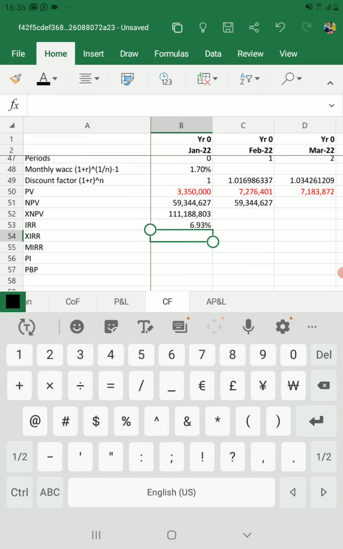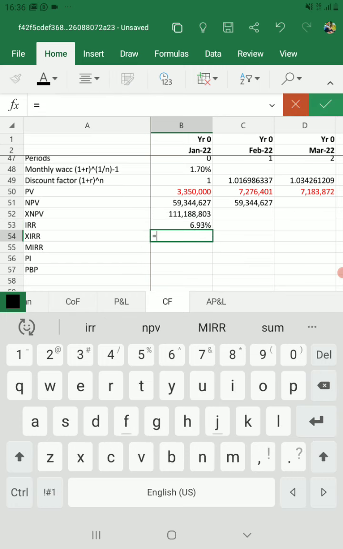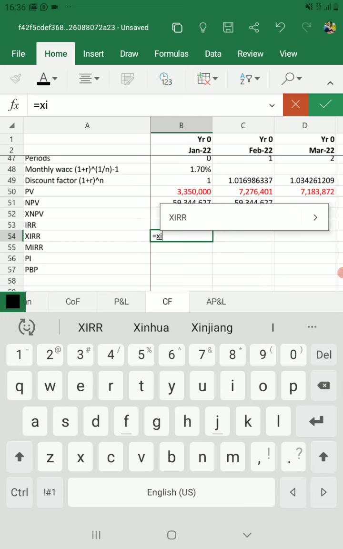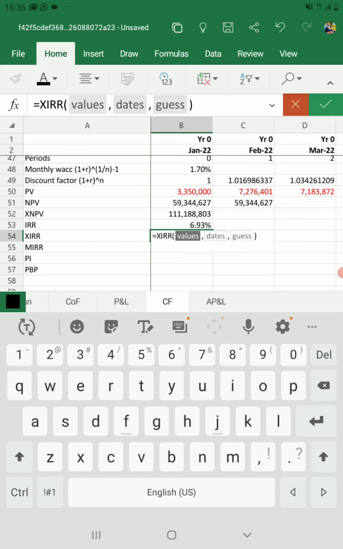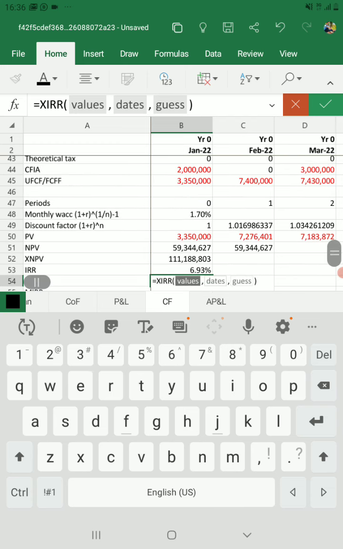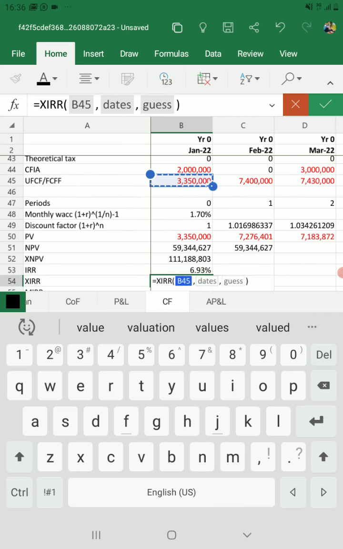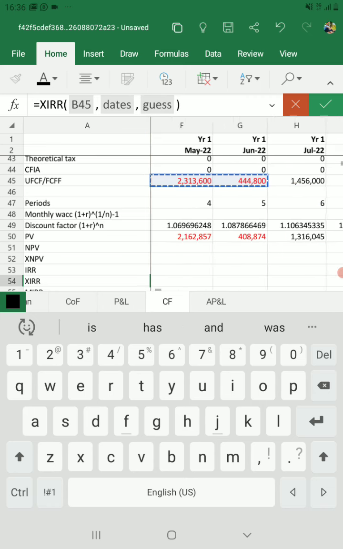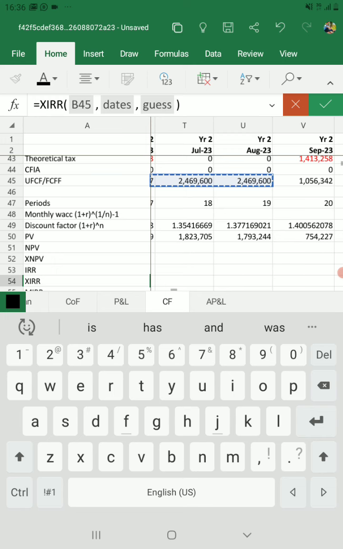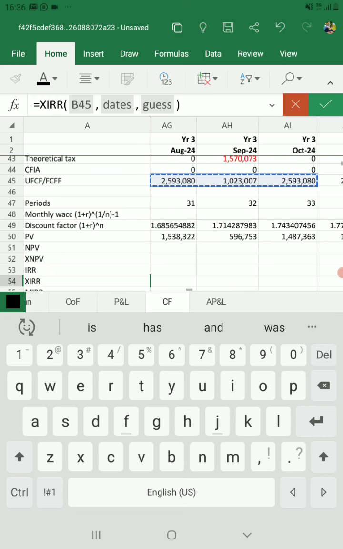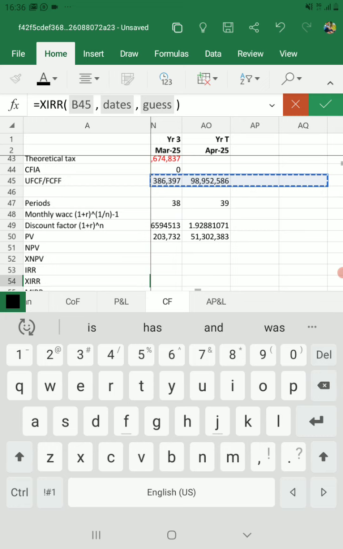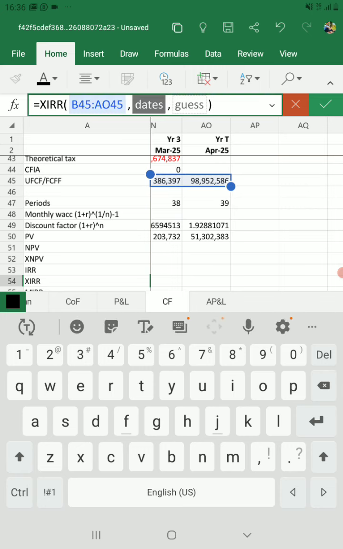XIRR, start with equal sign, XIRR, this one I pick. So we start with values and we pick our unlevered free cash flow from the beginning to the end of our projection period. Here, those are value. I click on the dates section and start from the beginning.